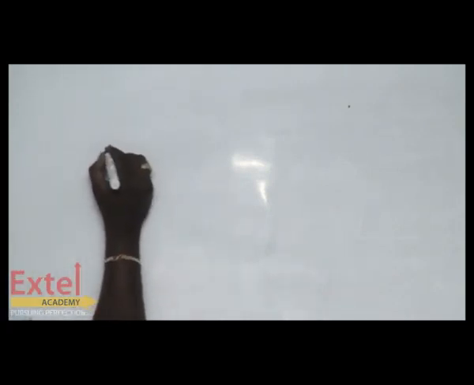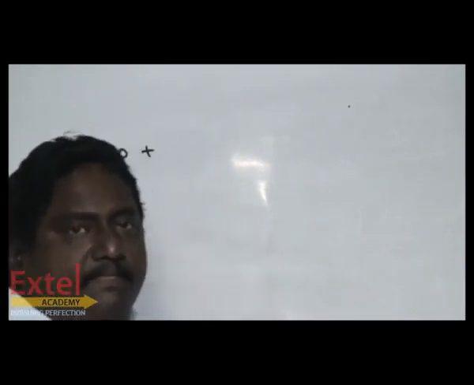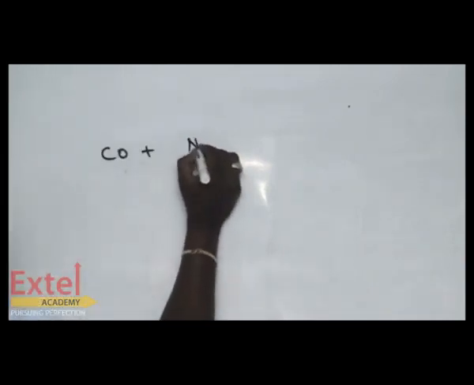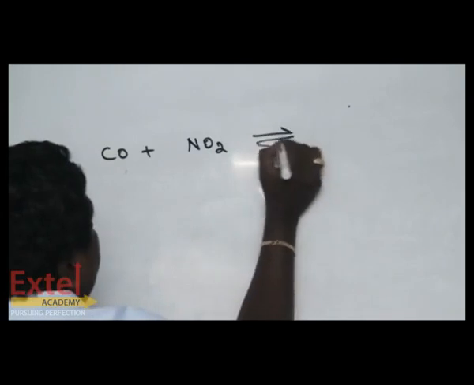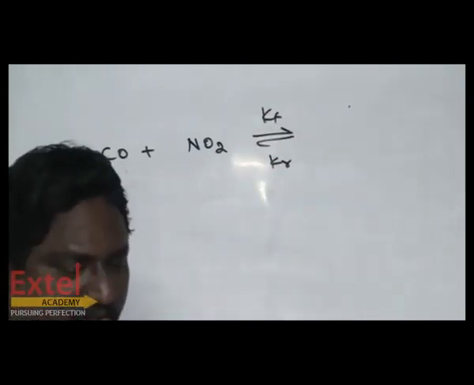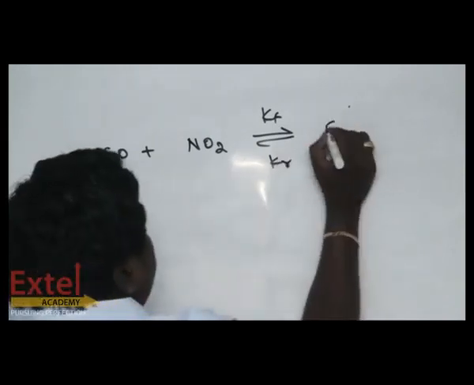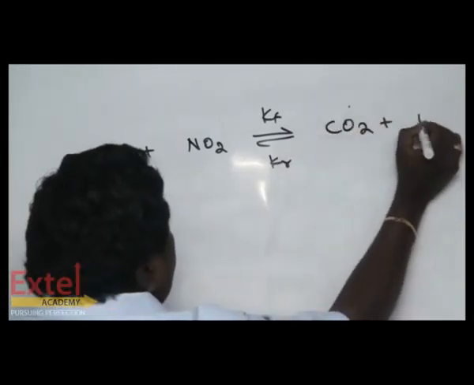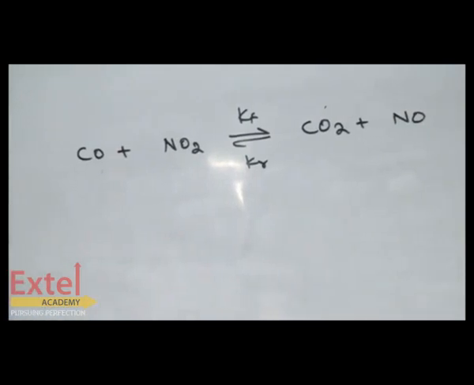Shall we write an example for this? The example of opposing reaction. CO means carbon monoxide. It is reacting with NO2, nitrogen dioxide. In the forward reaction, these two combine. CO gains one oxygen to become CO2.